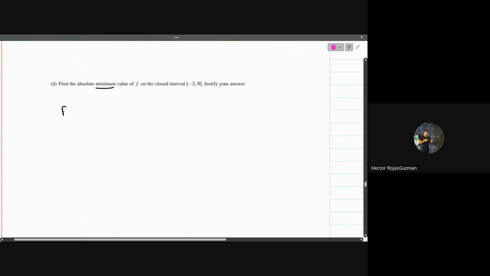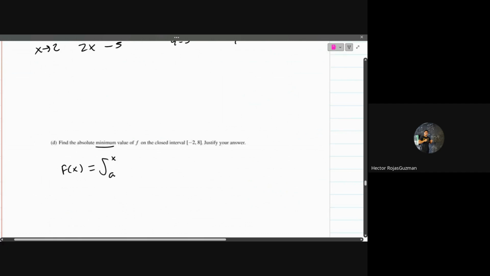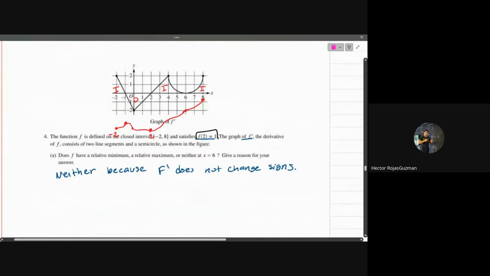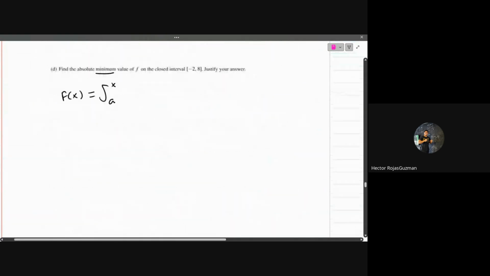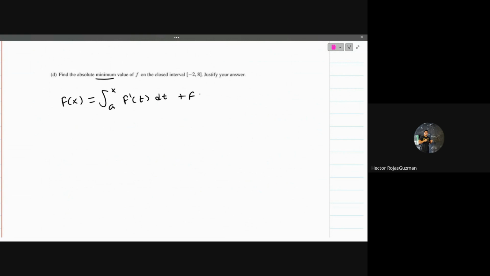The function f of x is defined by the integral from a to x of f prime of t dt plus f of a.